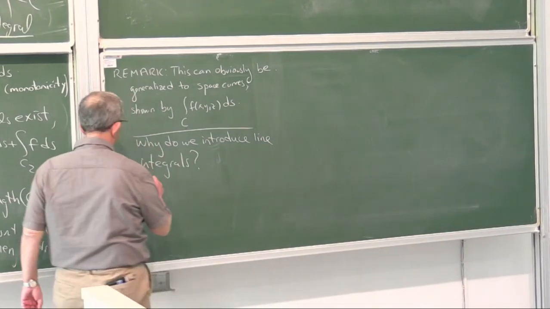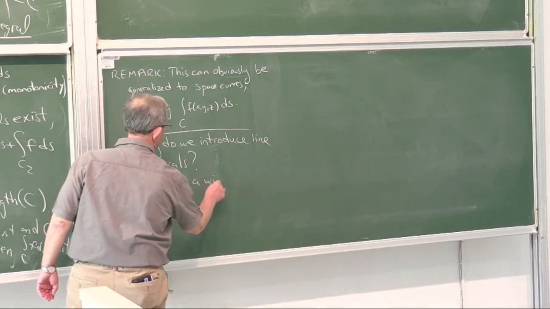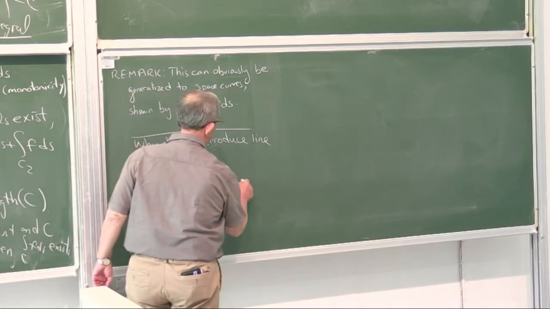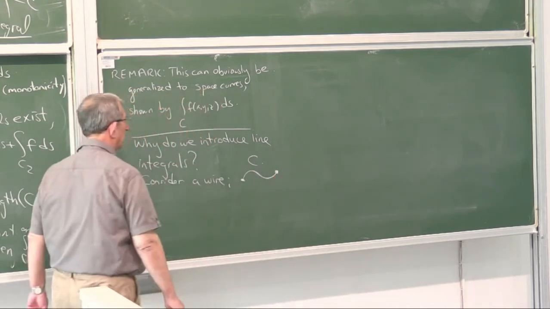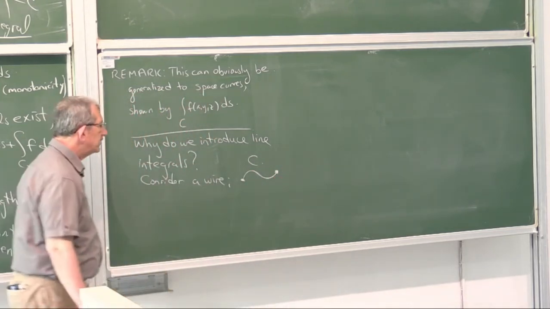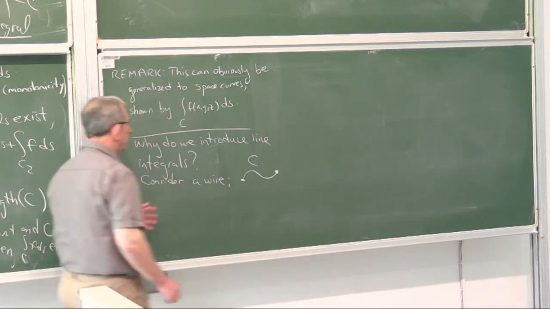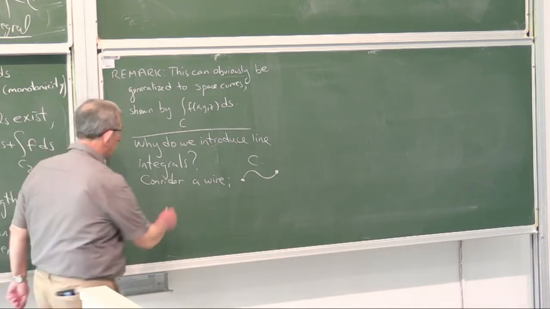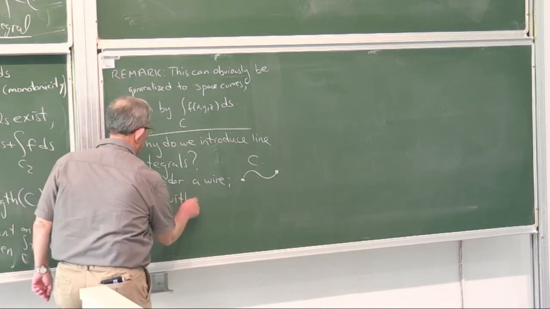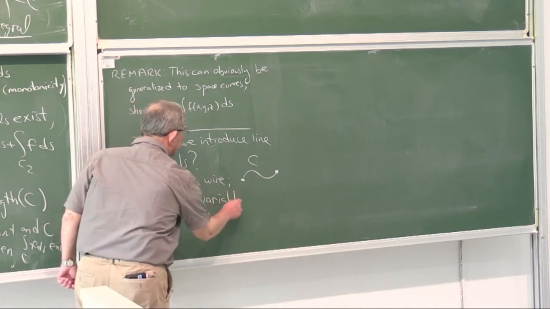Well, consider a wire, say, in the form of something, starting from this side. The wire has a density, but the density is not constant.